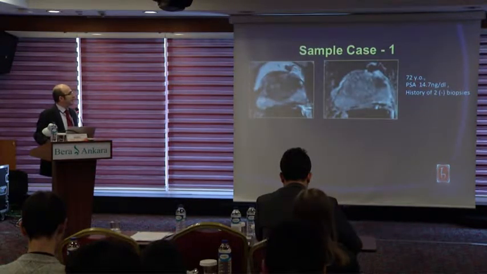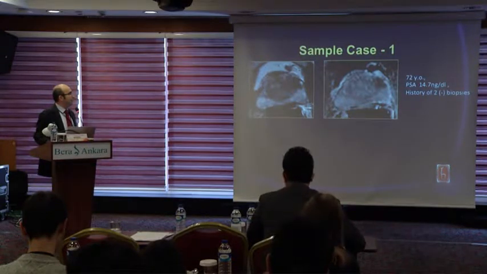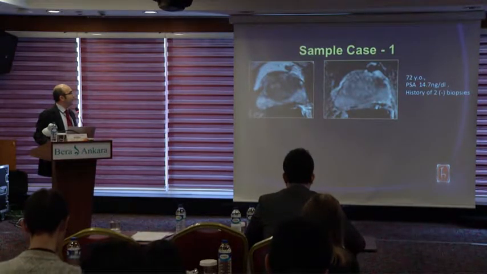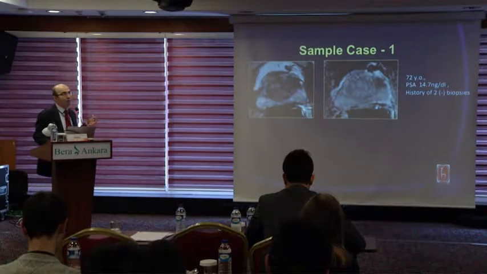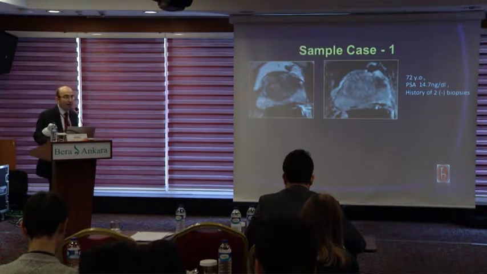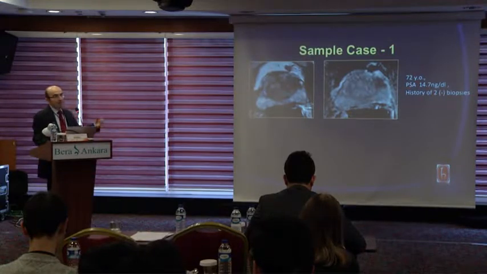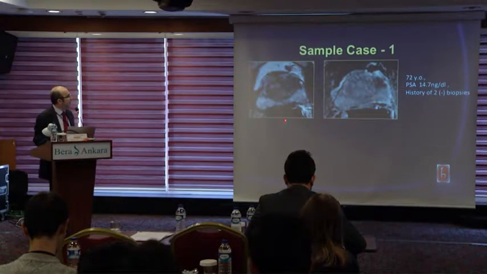Here is an example: a 72-year-old patient with a high PSA level and a history of 2 negative biopsies. So 2 conventional biopsies were performed, but the outcome was unfortunately negative, and the PSA is still suspicious. So what we do is an MRI. We see the axial, transverse scans on MRI.